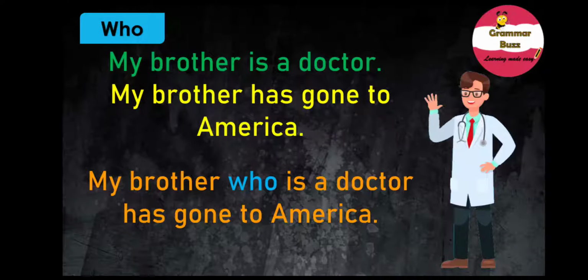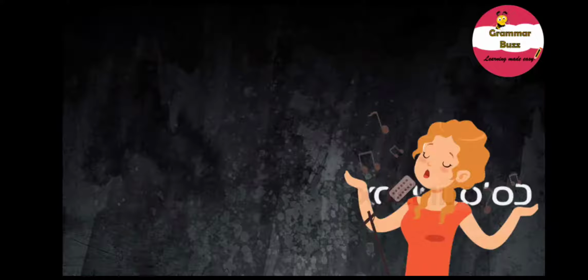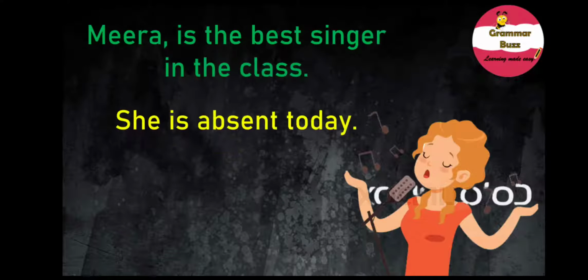Let us look into another example. Our example sentences are: Meera is the best singer in the class. She is absent today. How can we join the two sentences using a relative pronoun? In the first sentence, Meera is a noun and she is referring to the noun Meera.